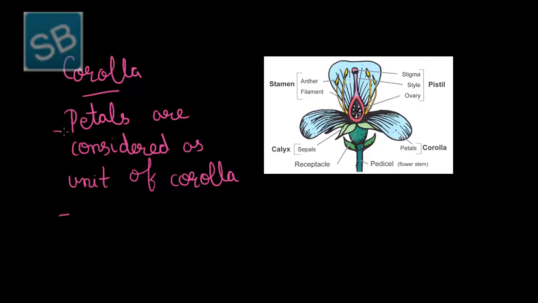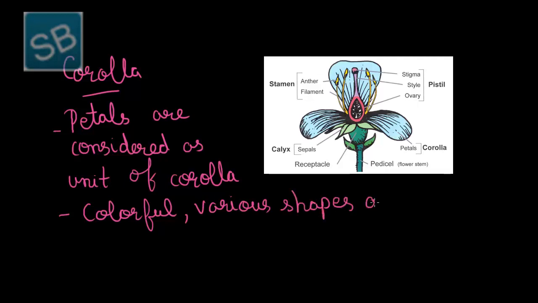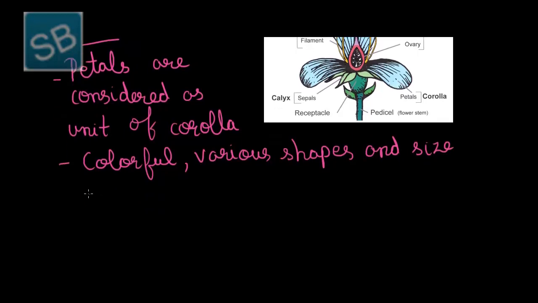The petals are colorful in nature, exhibit various shapes and sizes, and thereby are used for pollination, by attracting insects towards the flower.